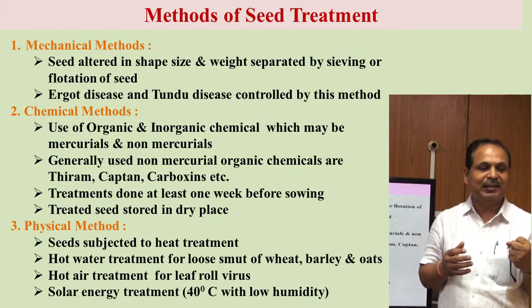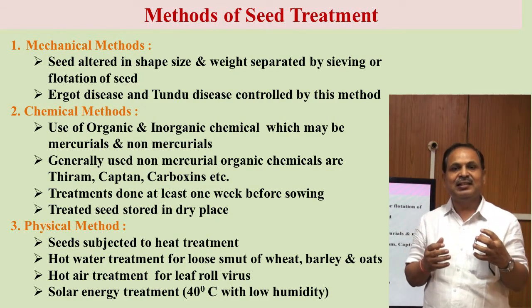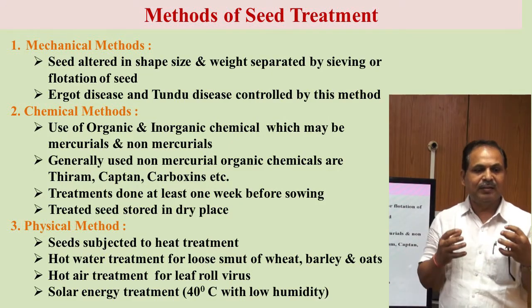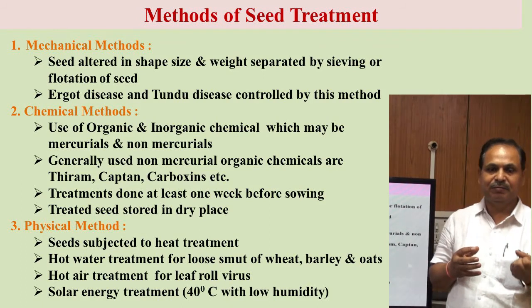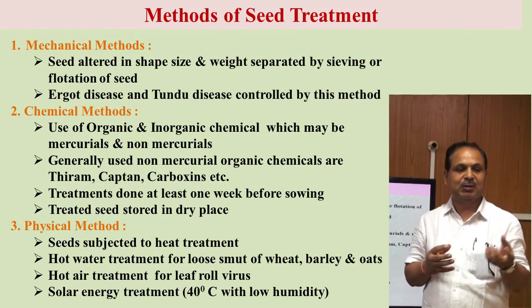In case of mechanical methods, some of the seeds are altered in their shape and size due to the formation of fungus sclerotia, or the presence of sclerotia or some other things.